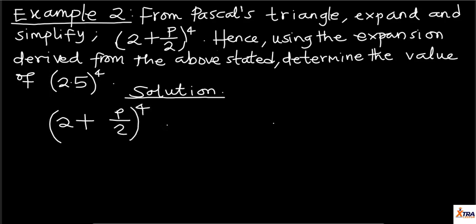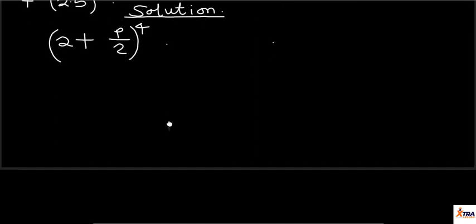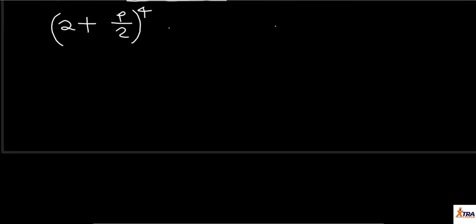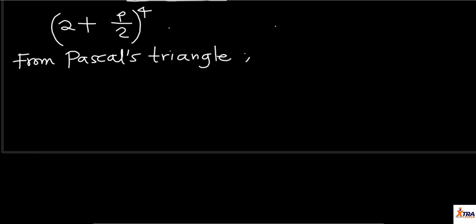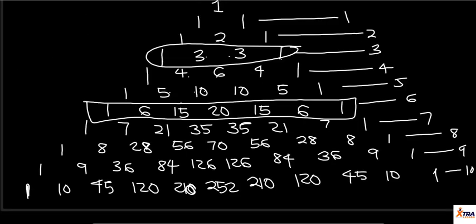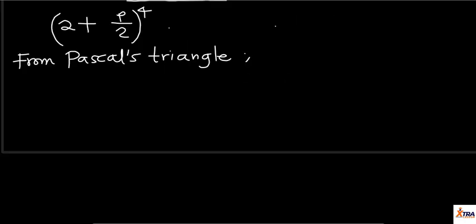We know from Pascal's triangle, from our triangle of coefficients, that for a power 4, the coefficients we use are 1, 4, 6, 4, 1. So those are the coefficients we'll be using.